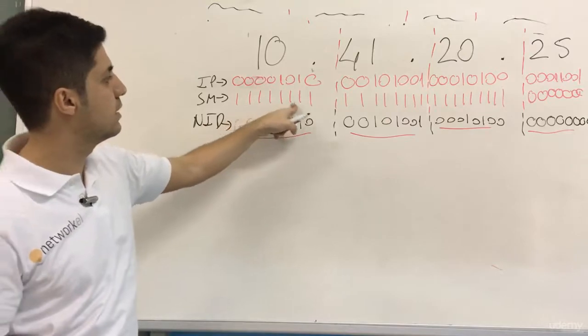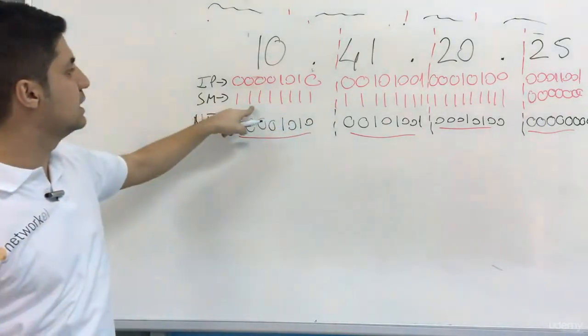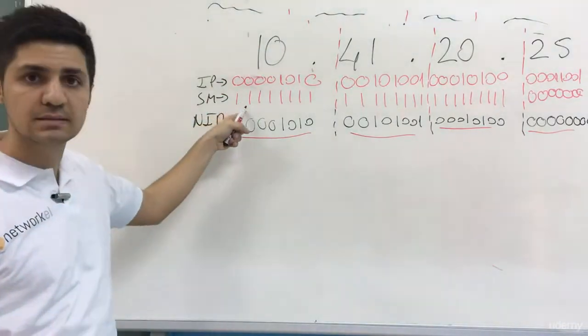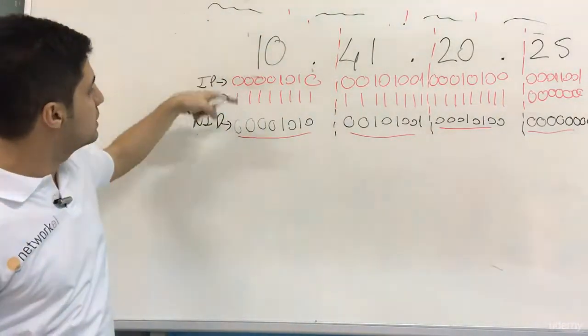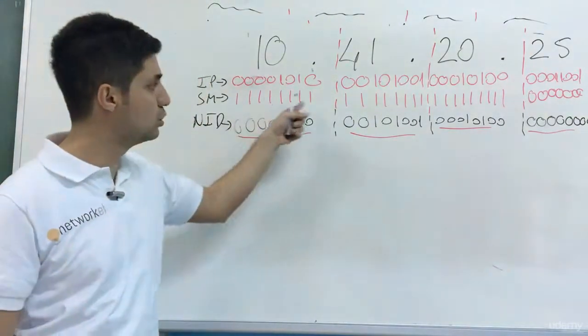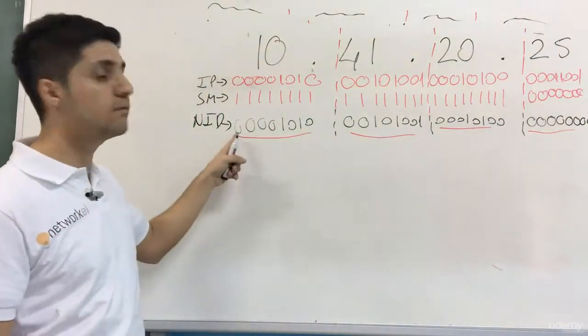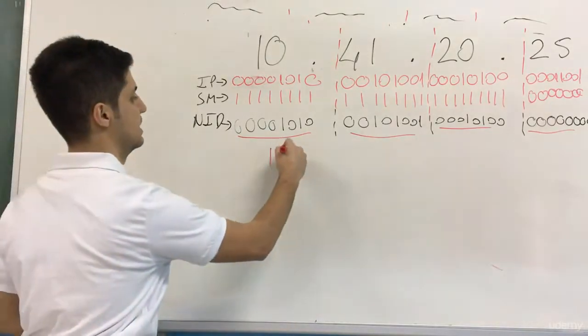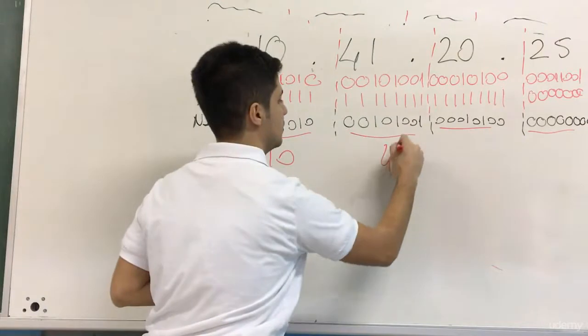If you are logically ANDing your IP address with whole ones from your subnet mask, you get the same value. Okay, that's 10. And this one is 41.